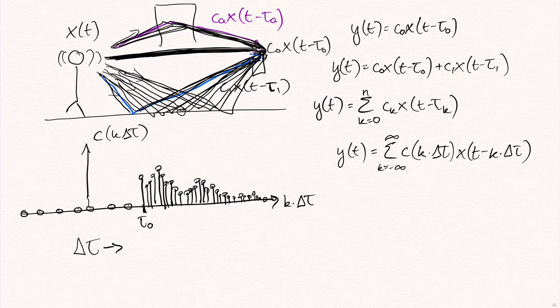And as delta tau goes to 0, which is obviously what happens when we go from discrete rays into continuous rays, this function c of k delta tau will go towards c of tau and become a continuous function.